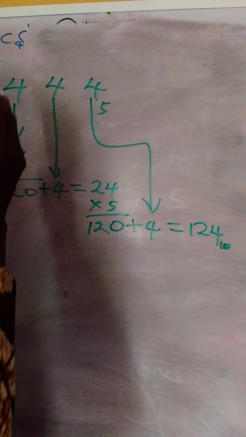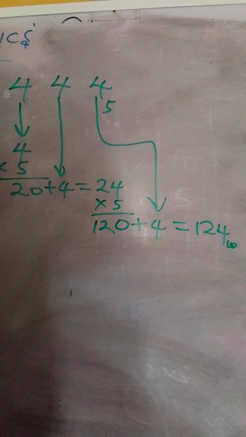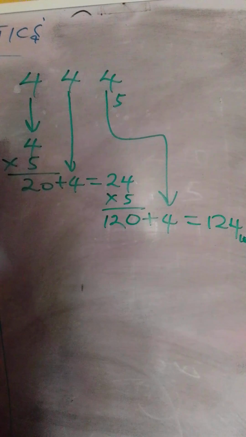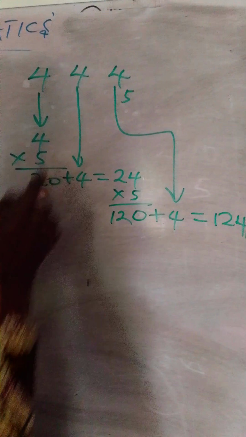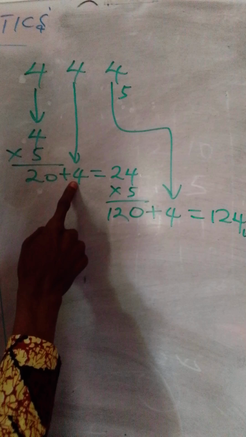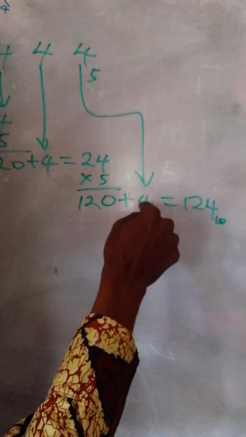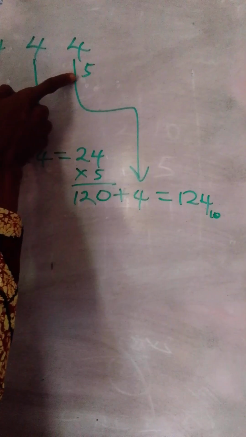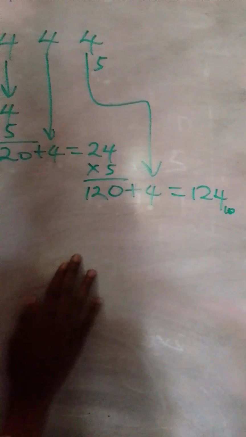But before adding the other digit, you must carry out multiplication. So let me explain this again. Bring down 4, the first digit, multiply by the base, which gives 20. Then bring down the second digit and add. 20 plus 4 is 24. Then before I bring down the last digit, I had to multiply 24 by 5, the base, giving me 120. Then 120 plus 4 is 124.